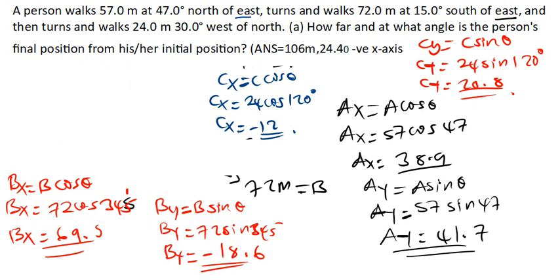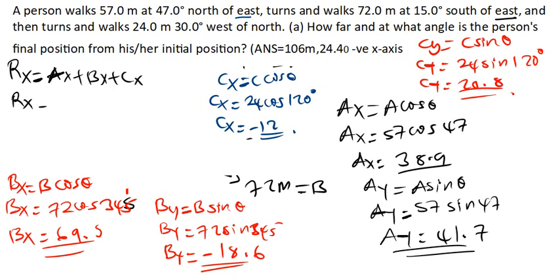I have resolved this into x and y components, so I need to add all the x components alone. The question is, how far and at what angle is the person's final position from his or her initial position? That is the resultant. To find the resultant in the x-axis, Rx is going to be Ax plus Bx plus Cx.